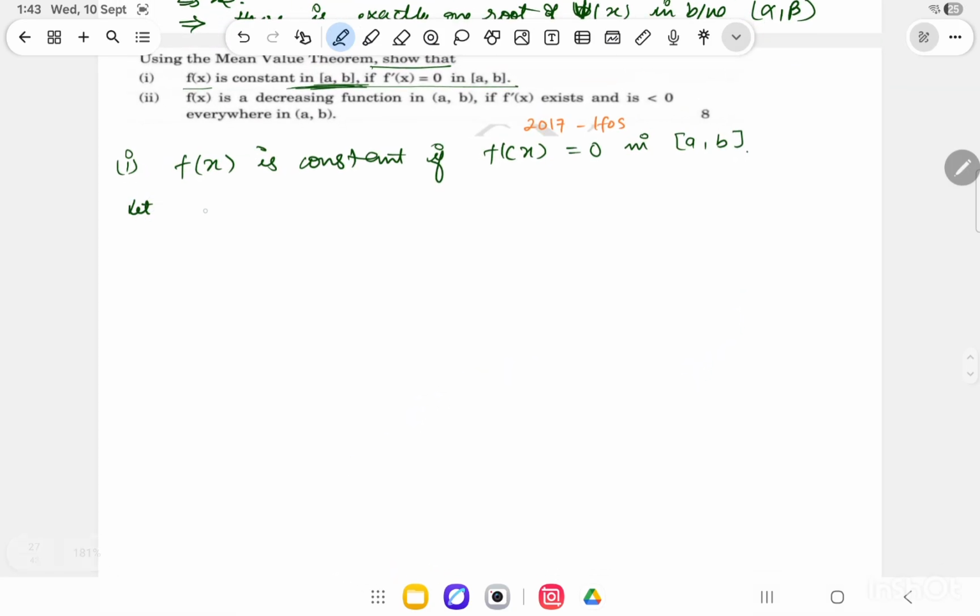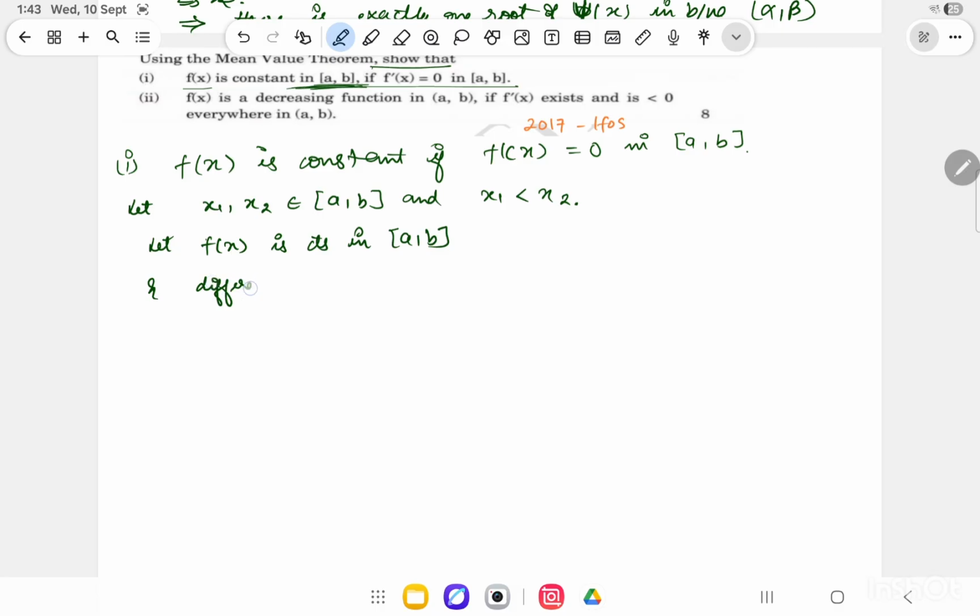Let us assume that x1 comma x2 belongs to open interval a comma b and x1 is less than x2. Also let's assume the necessary conditions for applying mean value theorem, that is, let our function fx be continuous in closed interval a comma b and differentiable in open interval a comma b.